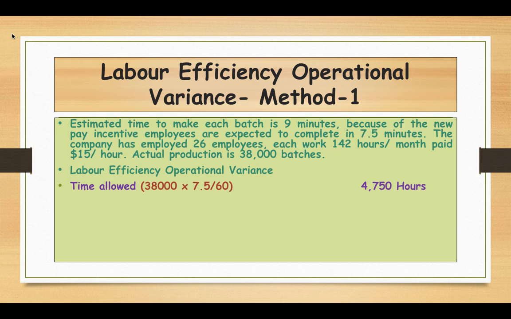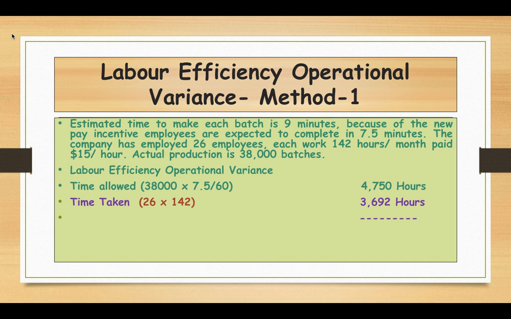So 38,000 batches, we should take the new time allowed, which is 7.5 minutes, divided by 60, because we are converting that 7.5 minutes into hours. So the time allowed, which is 38,000 times 7.5 divided by 60, which is 4,750 hours. That's the time allowed.